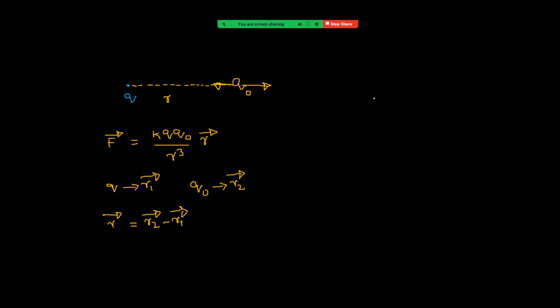Otherwise, I will write here once again. This is Q and this is Q naught. Let us take the origin somewhere here. Let us now consider the position vector of Q1 is R1 bar. Position vector of Q2.